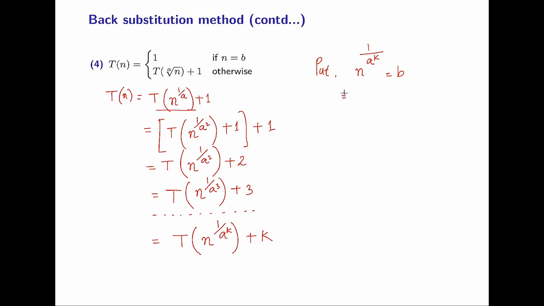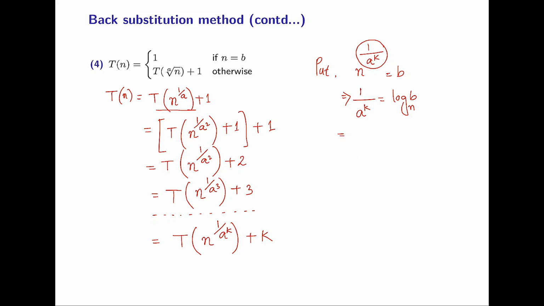So how will we find it out? n to the power something, so if I am going to calculate this power, I can think about logarithm. By definition of logarithm, 1 by a to the power k will be equal to log b base n.